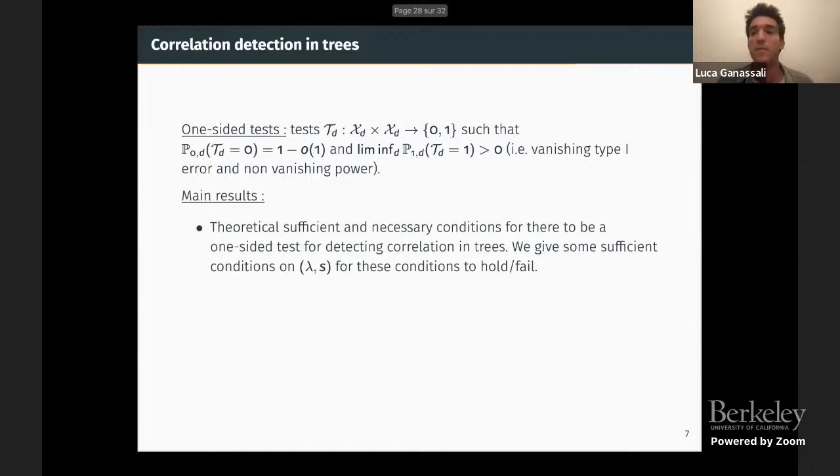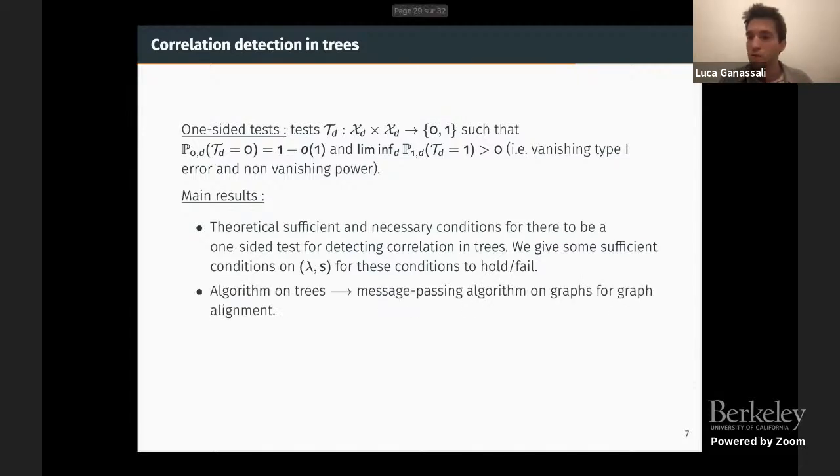So the results in the paper: we give theoretical sufficient and necessary conditions for there to be a one-sided test in a tree problem. This can also be translated into some conditions on the parameters lambda and s.